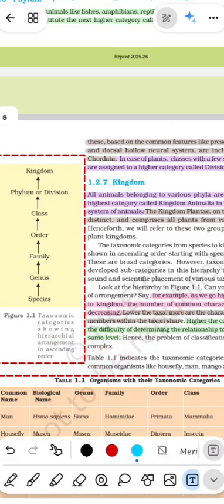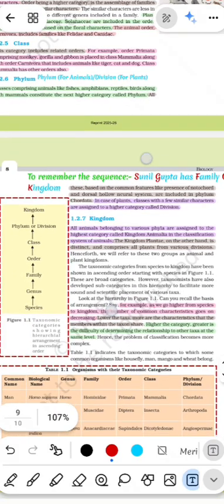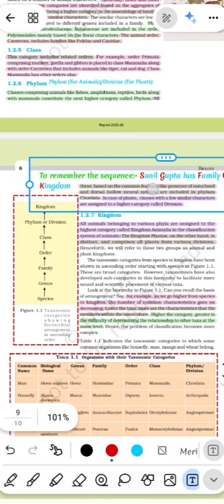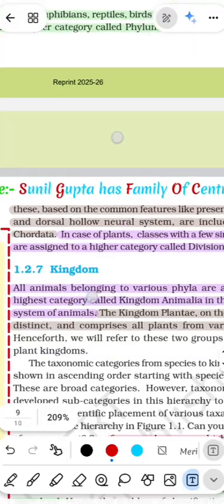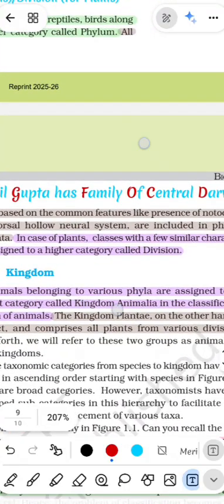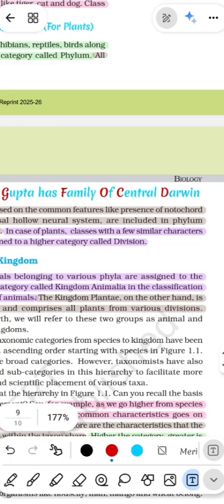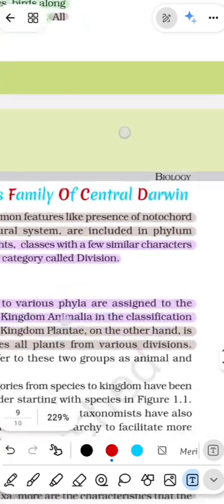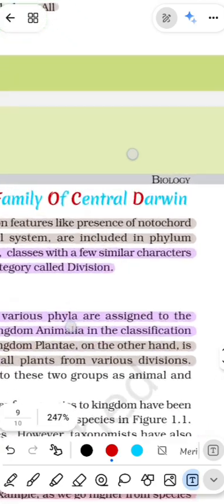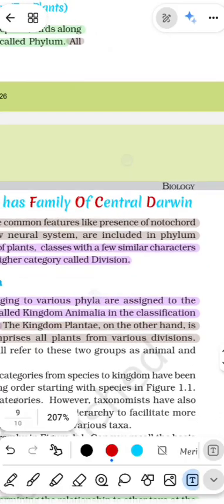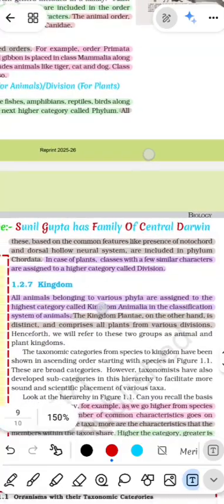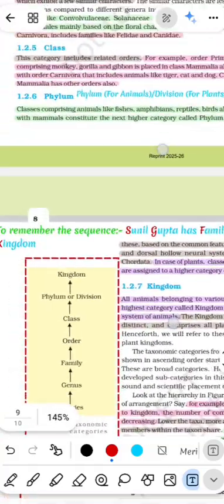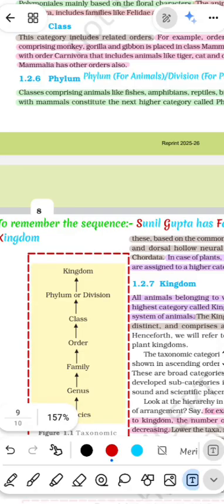Okay, now note down the mnemonic. So here is the sequence to remember. Sunil, S for species; Gupta, G for genus; H we will cancel; family, F for family; of, O for order; Central, C for class; Darwin, D for division in case of plants, and in case of animals this stands for phylum; and kingdom means kingdom.